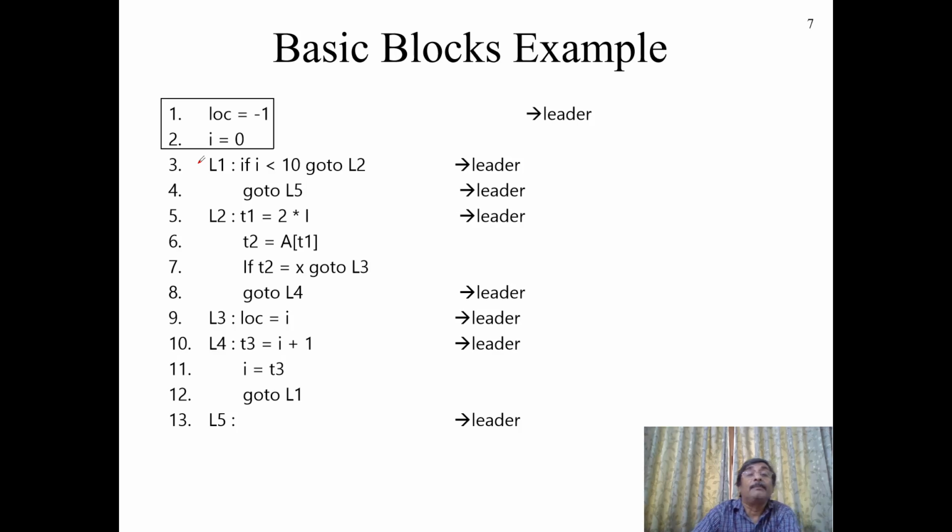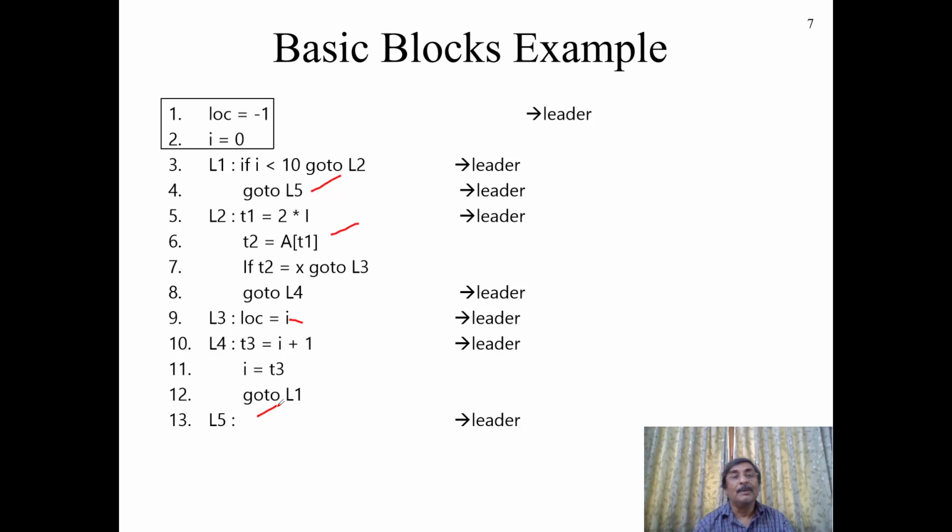So that gives me this to be a leader, this to be a leader, this to be a leader, this, this, even this. So these 1, 2, 3, 4, these are leaders because they are just the next statement after the goto.